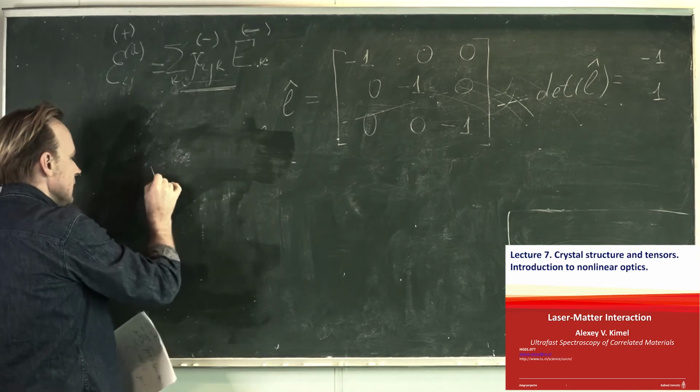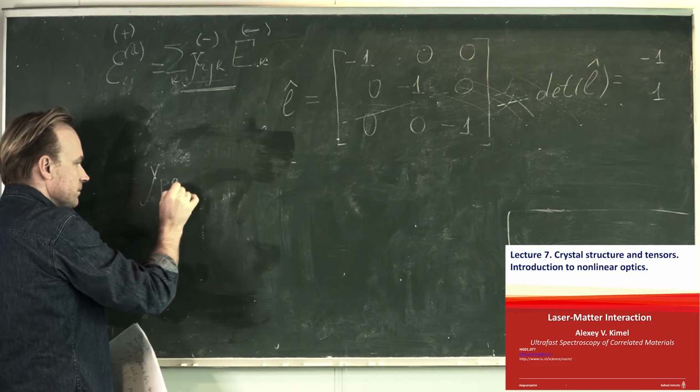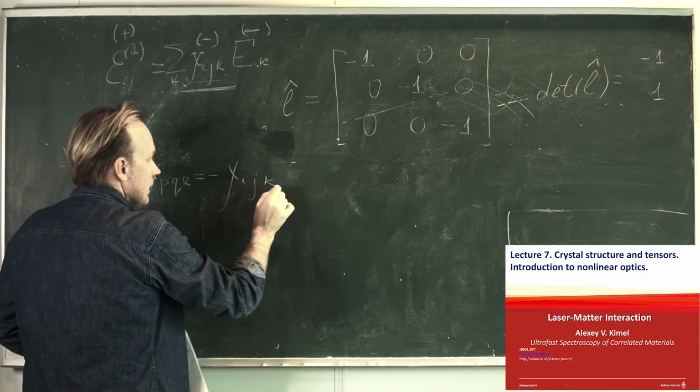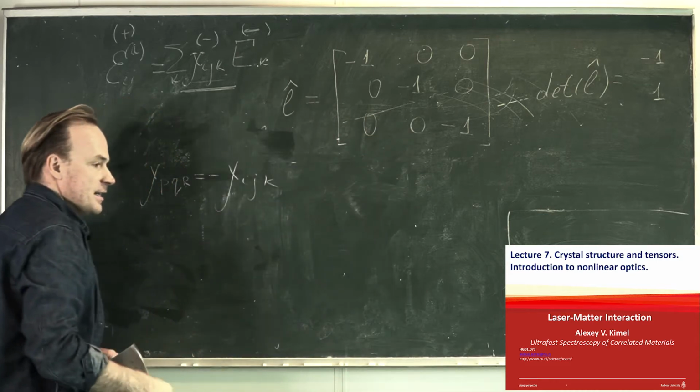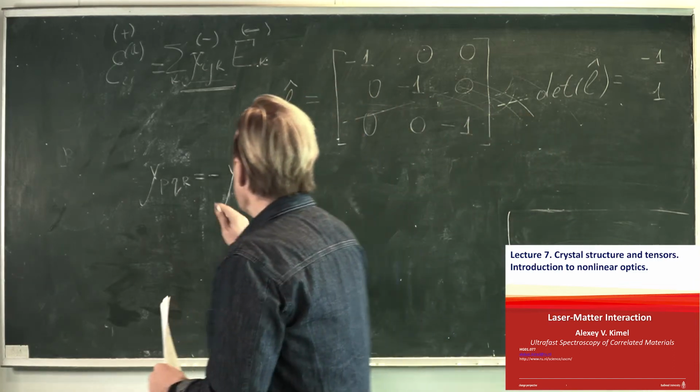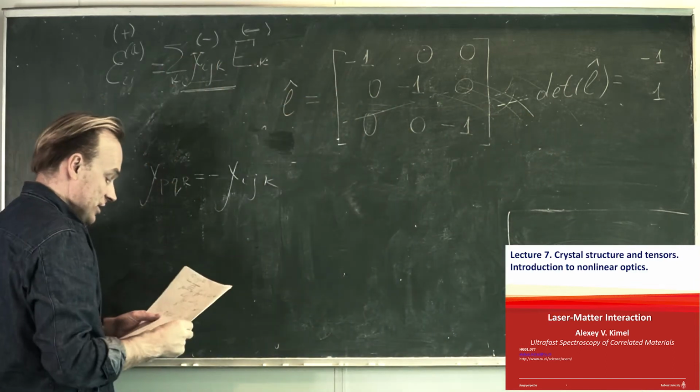And we know that if we change coordinate system, in accordance with this generating matrix, in accordance with the operation of space inversion, the elements of this tensor should change sign.